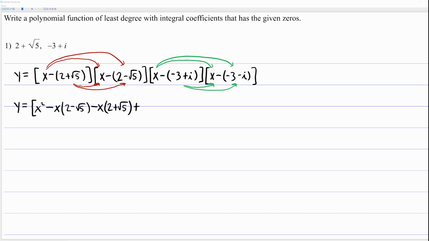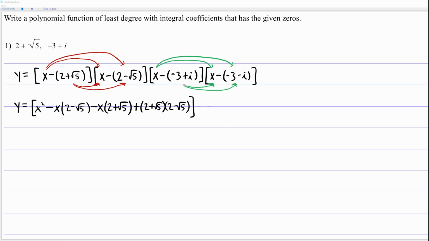Now, once you're comfortable with this, you can actually multiply these conjugates in your head pretty easily. I'm not going to do so on video because it's an instructional video, but you are welcome to multiply those out in your head if you want.